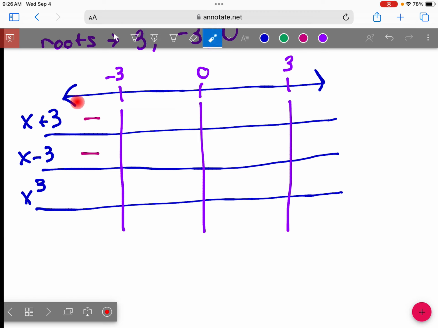So smaller than -3, negative. Next one is negative, cubed. Squared would be always positive, but cubed can be positive or negative. Okay? So now we're going to do our between -3 and 0. If you want to think about a specific value, you can. So our first piece here, positive, and then negative, and then negative.